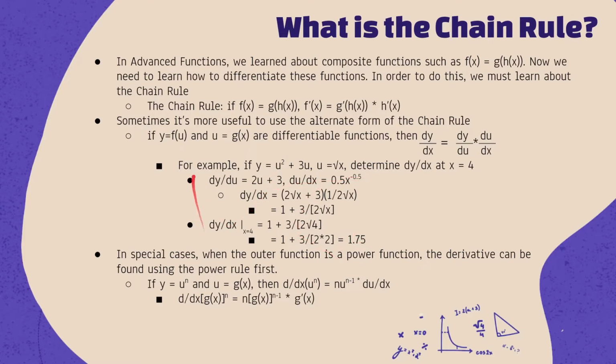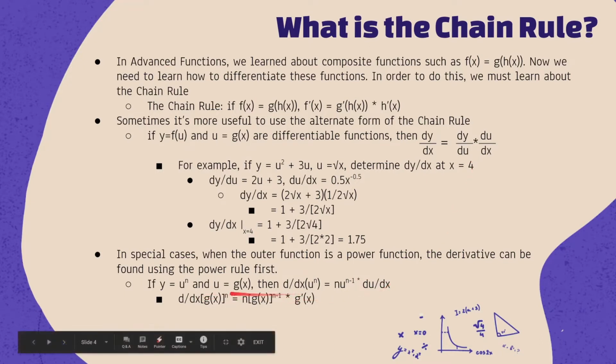This right here is actually a special case. A special case is when the outer function is itself a power function. So over here, when we saw that it is, for example, the square root, that's the power, right? That's the power of 0.5. We can apply this notation here.